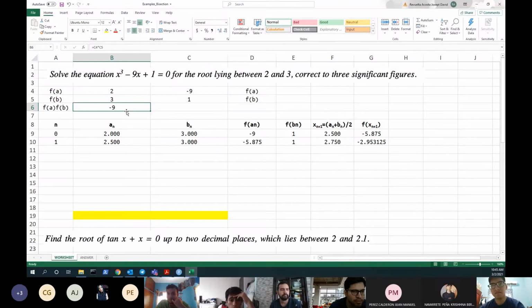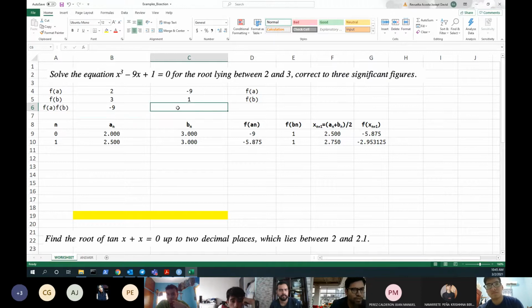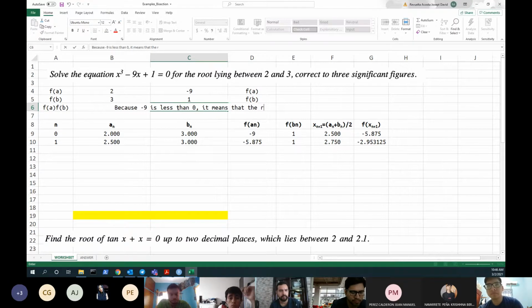It's 9 because I multiply times this one, and this is minus 9. This is what? Less than 0. So we can actually say because minus 9 is less than 0, it means that the real root lies in 2, 3.